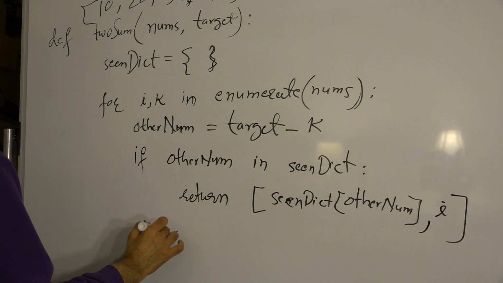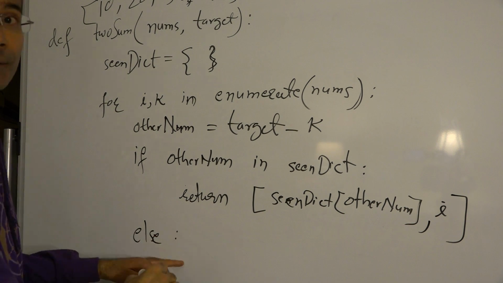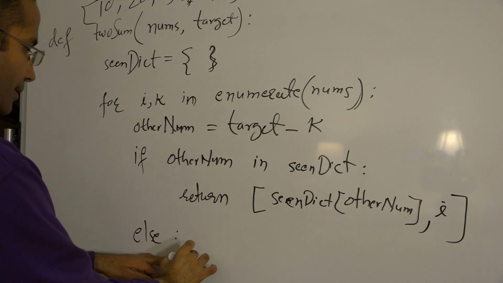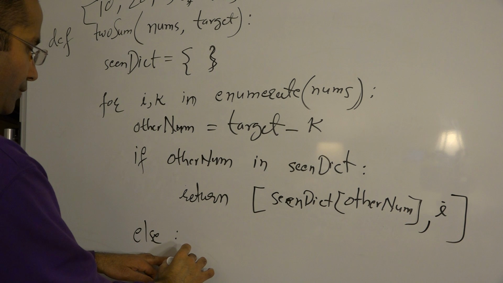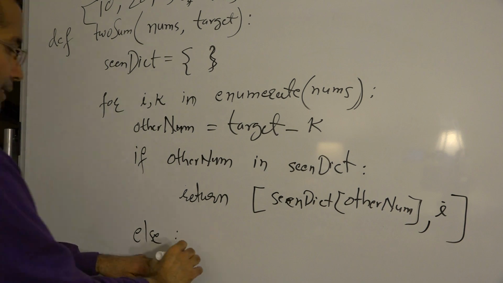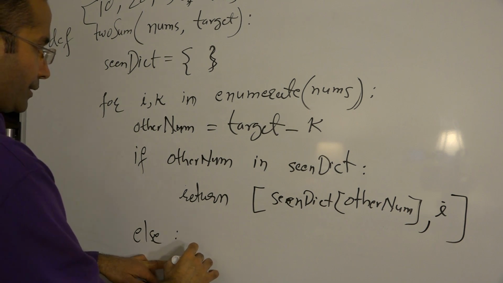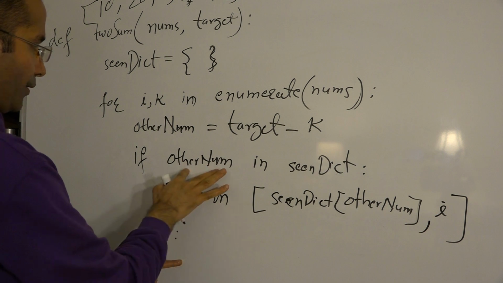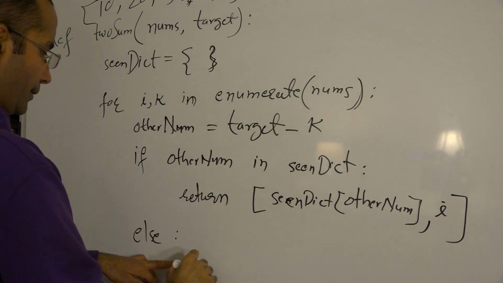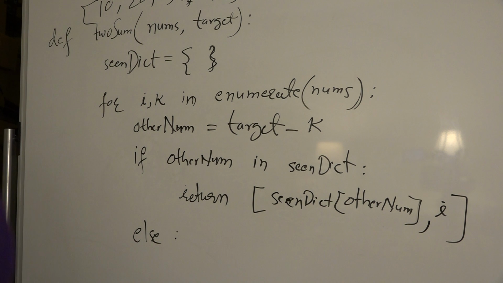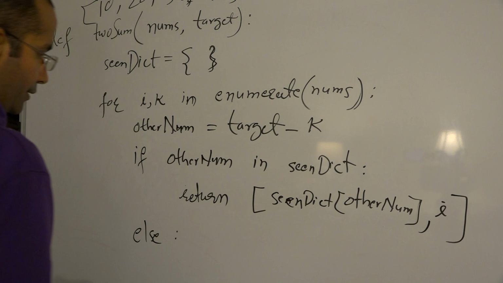If that's not the case, we'll be adding the current number, which is this other number, in the dictionary actually.